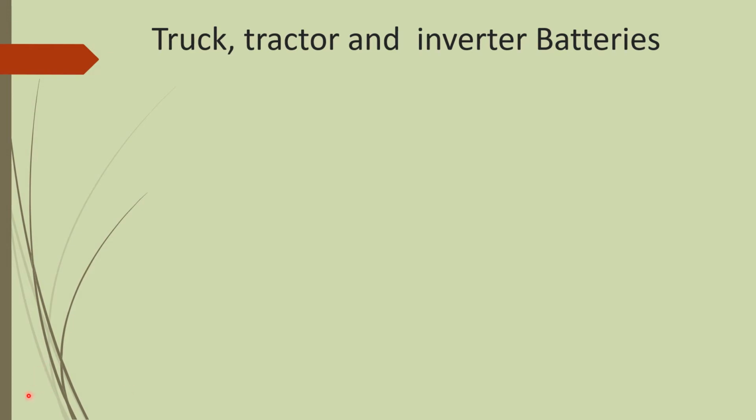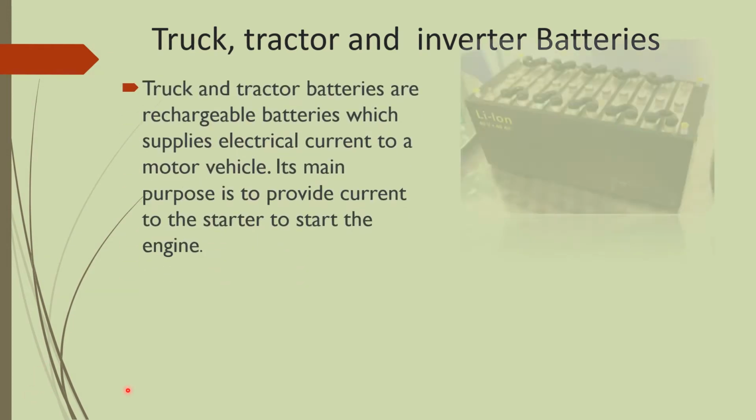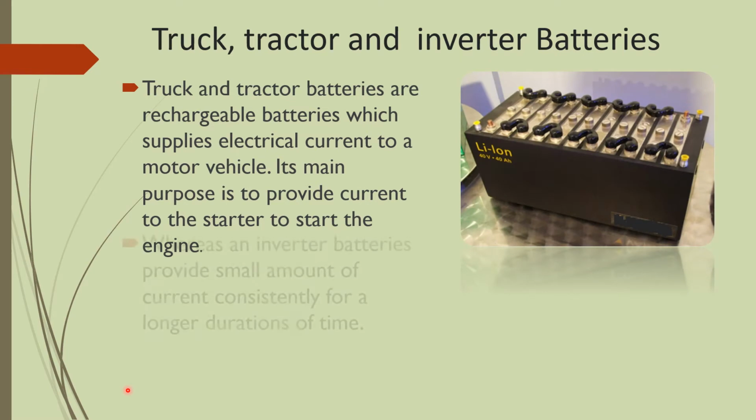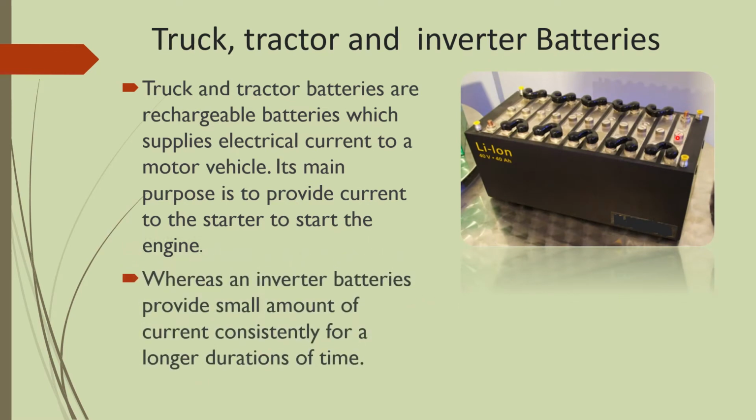Tractor and inverter batteries. As I showed you in the previous slide also, a big battery is used in truck, tractor, and inverters. How are these batteries different from the one which we made from the cells? Truck and tractor batteries are rechargeable batteries. We can recharge them, and they supply electrical current to our motor vehicle. Their main purpose is to provide current to the starter to start the engine.